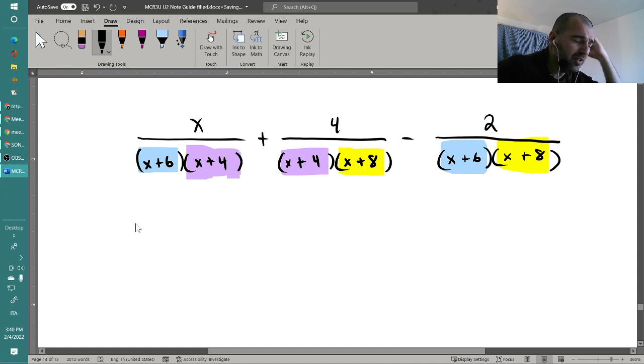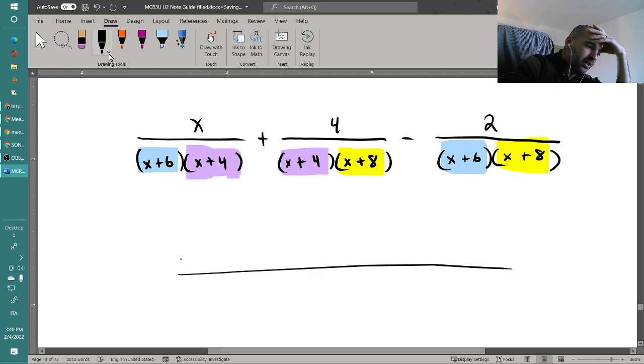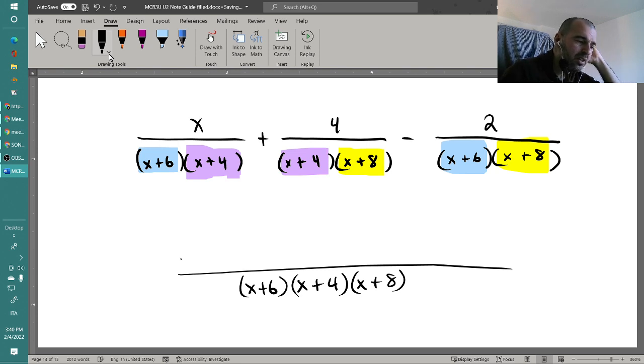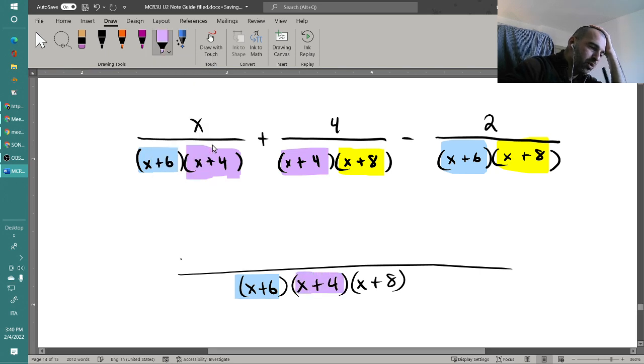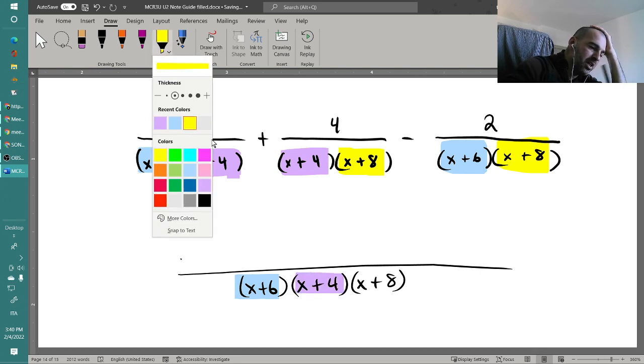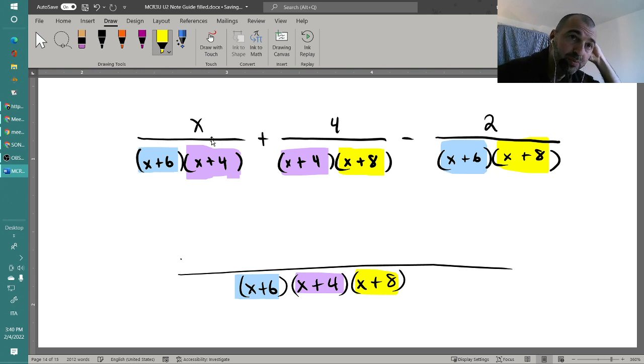So now that I've got these factored, I can have my bottom x plus 6, x plus 4, and x plus 8. And those are my common factors. The 6 is blue, the 4 is purple, and the 8 is yellow.